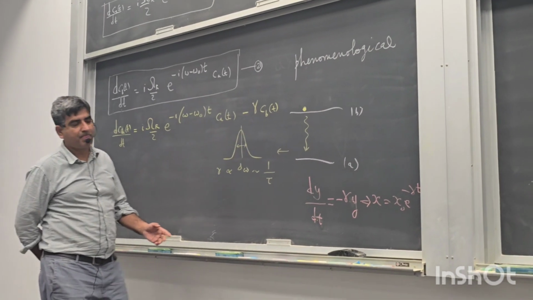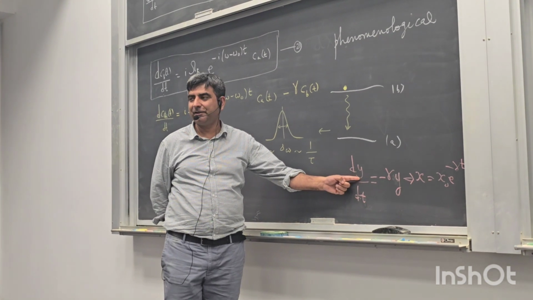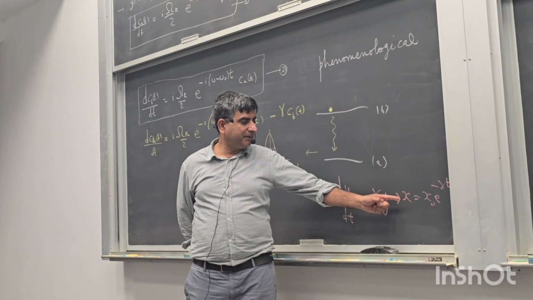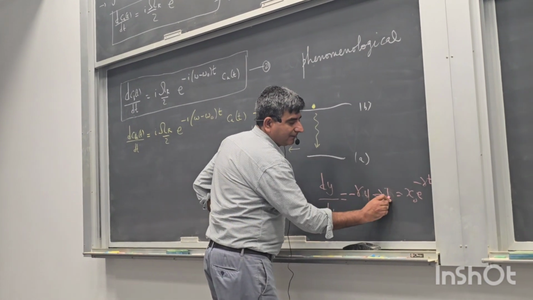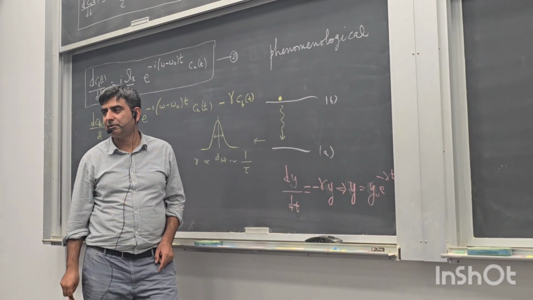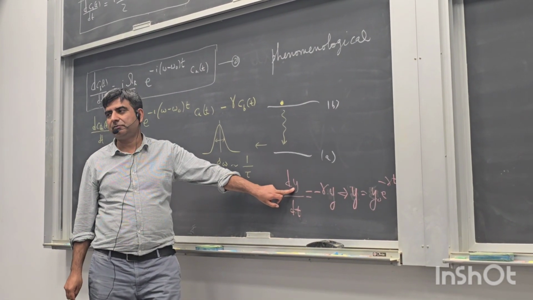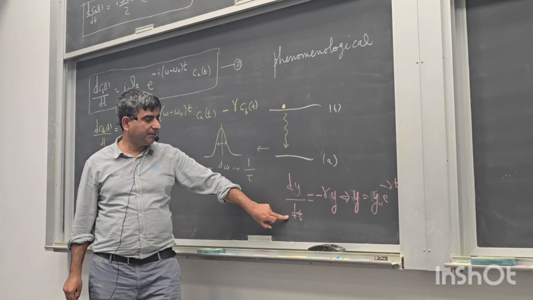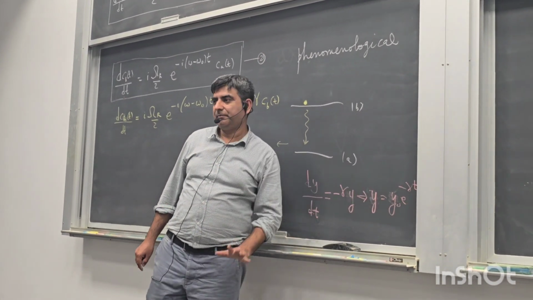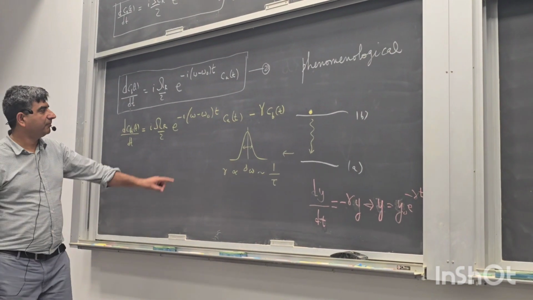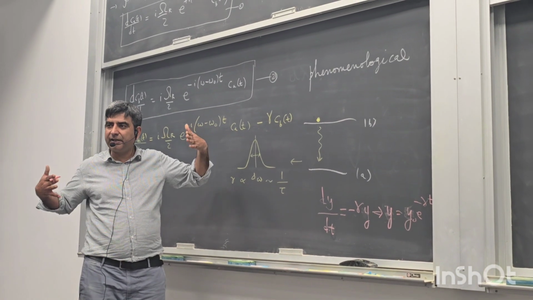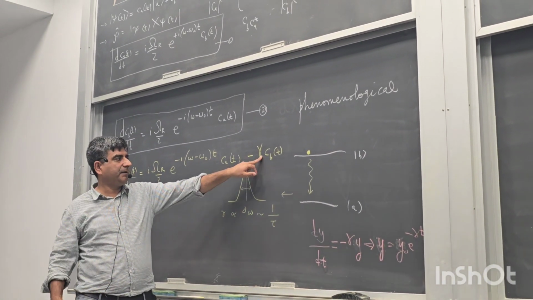Here I am not doing anything, it's just this y variable. If dy over dt equals minus gamma y, this means that my y is a decaying exponential. Okay, take y to be Cb. If dCb by dt equals minus gamma Cb like this, then Cb will be decaying with time. So I have put in this factor by hand, which accounts for a decaying Cb, and that decay rate will be gamma.